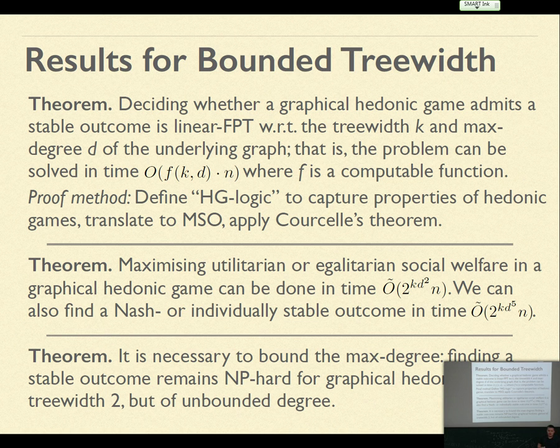I tried bounded treewidth, and that happened to work out relatively well, in the sense that deciding whether a graphical hedonic game has a stable outcome is fixed parameter tractable, in linear time actually, with respect to the treewidth of the underlying graph and the maximum degree of the underlying graph. That is, we can check whether there is a stable outcome in this time, some function of treewidth and degree times the number of agents.